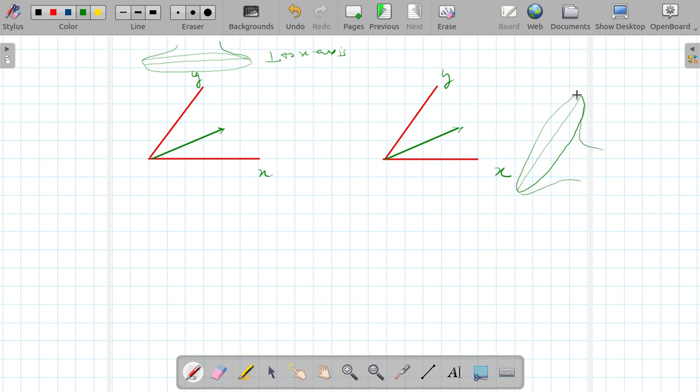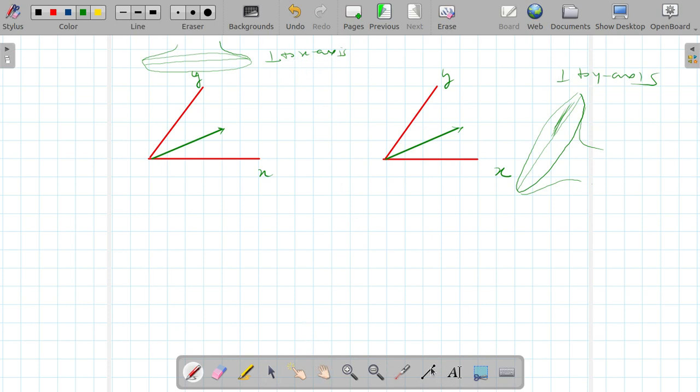So light rays are coming perpendicular to the y-axis from here, and here the rays are coming perpendicular to the x-axis.